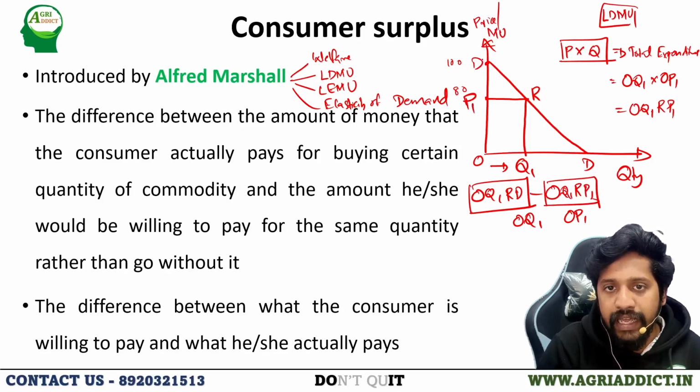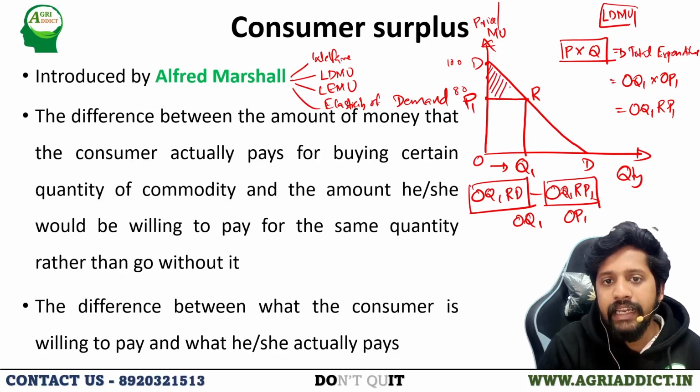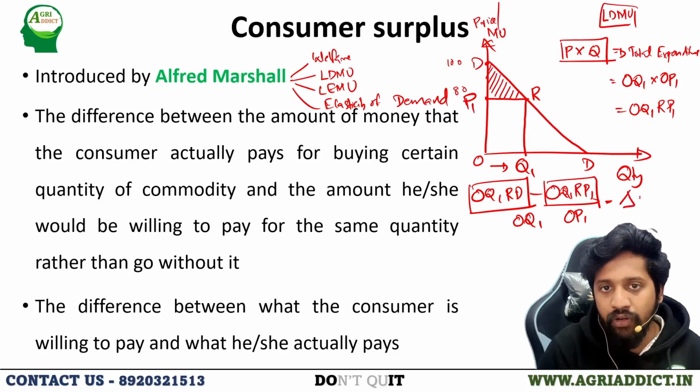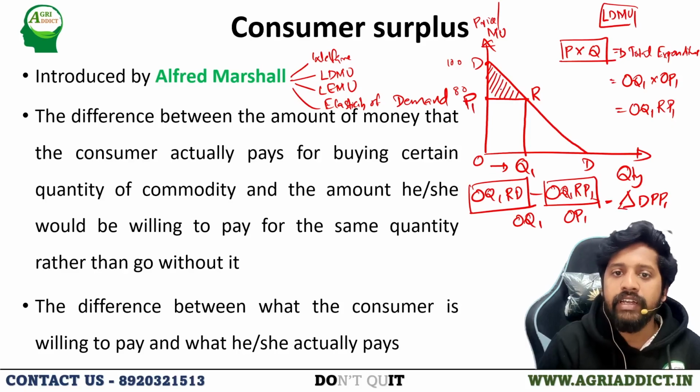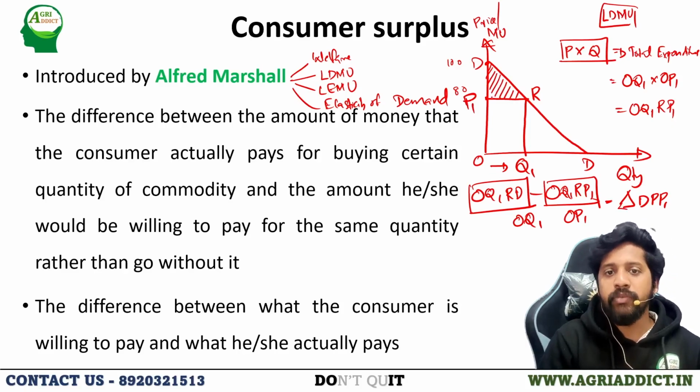So therefore the area below the demand curve, that is DRQ1O, minus the area of this rectangle gives this triangle, right? This area of this triangle can be considered as what? Consumer surplus. That is the area of DRP1. This DRP1 can be considered as the consumer surplus, right?